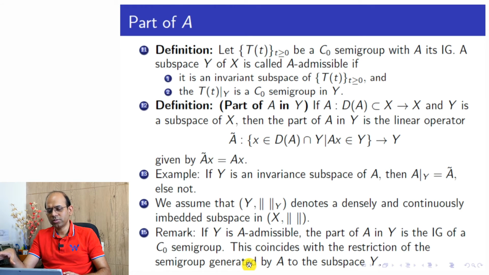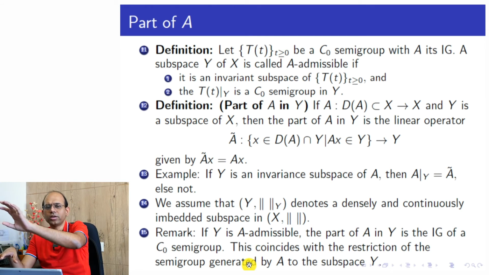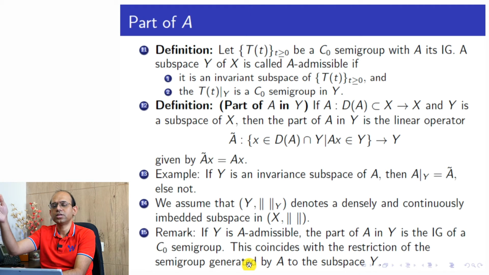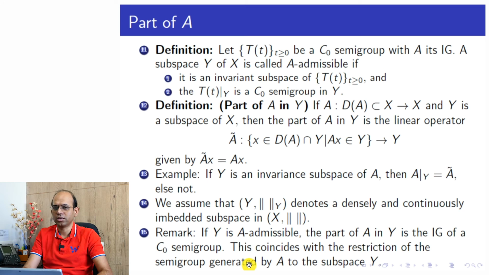So here I have a semigroup T(t), and here a T tilde. This says that the restriction of T(t) to Y is precisely T tilde. So that is the remark.